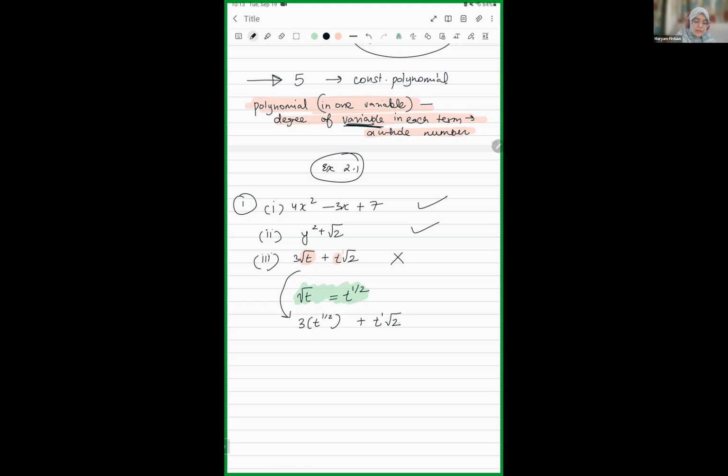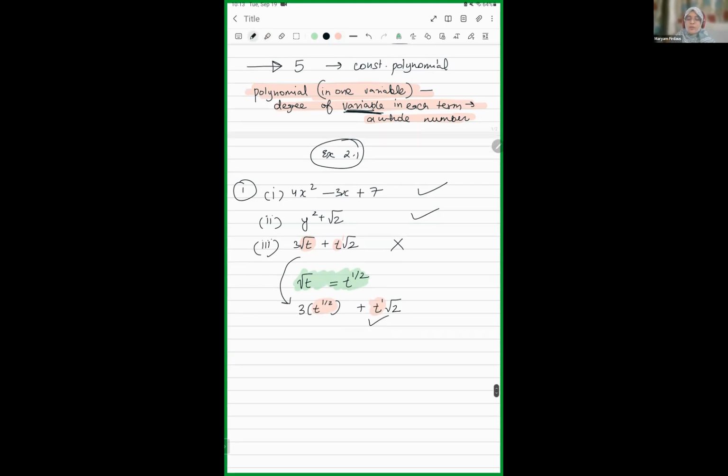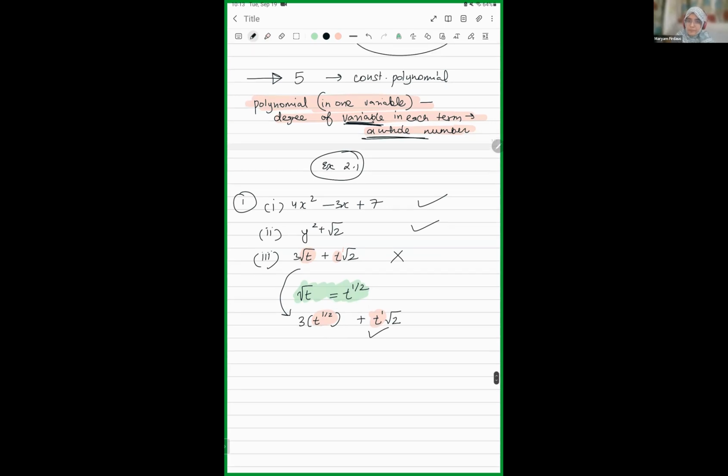We are only concerned with the variable. So the second term is safe, no issue with the second term. But the first term is an issue, because t to the power half, whereas we said the power should be a whole number. It is half over here. So that is why this entire thing is not a polynomial.